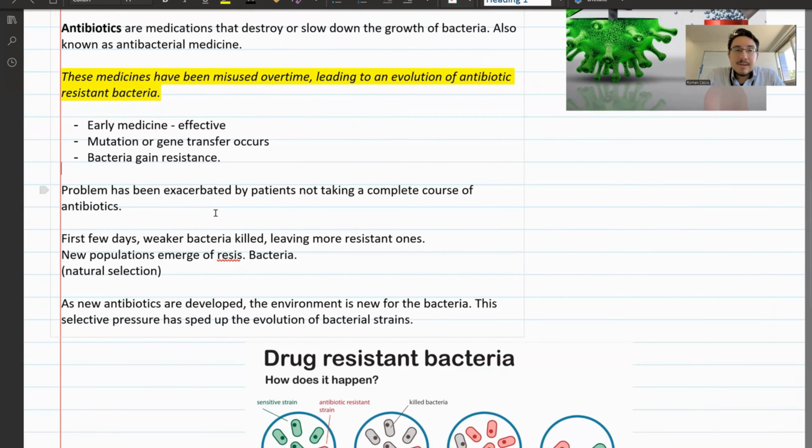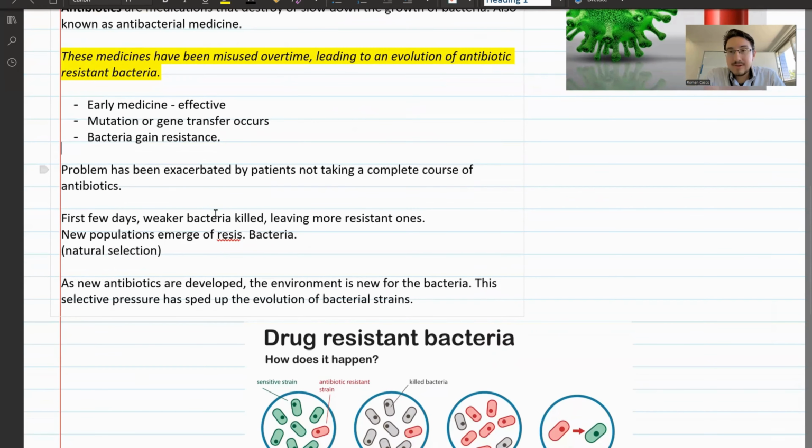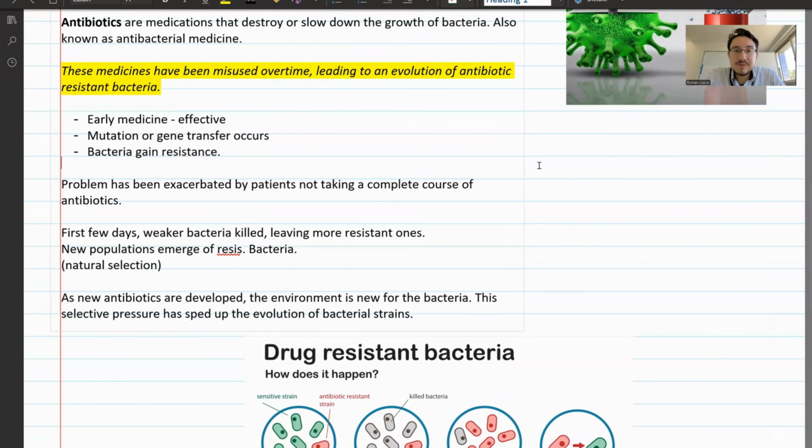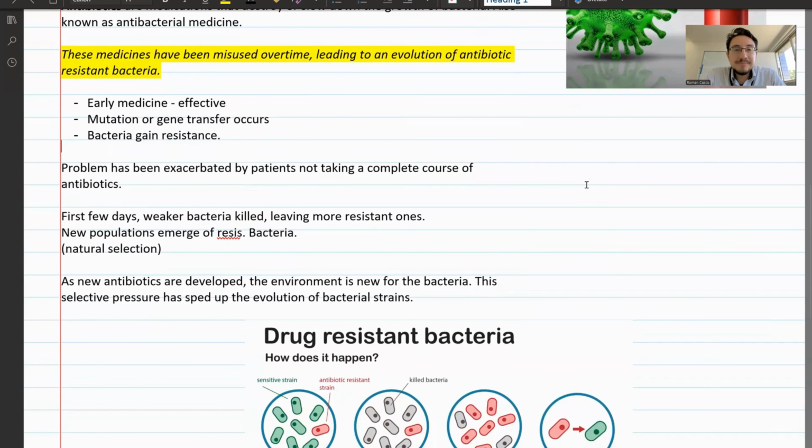Okay. So that would lead to an ineffectiveness of antibiotics over time, and you would start creating more resistant bacteria whose populations are increasing. So you're getting like super bacteria, if I can say.